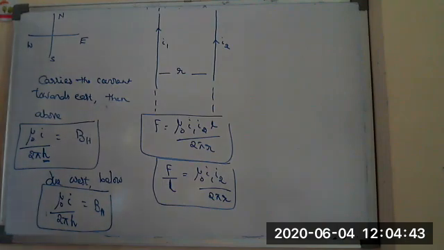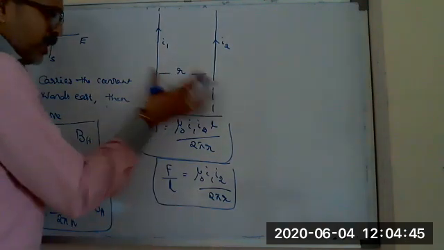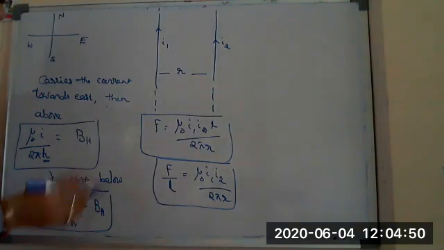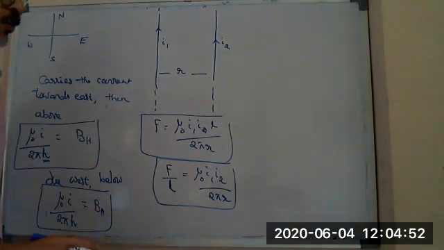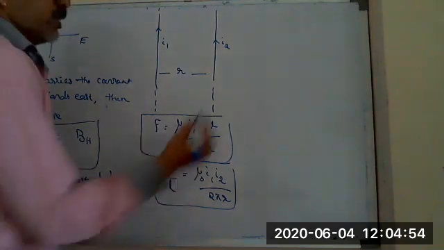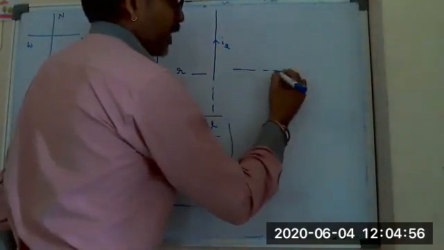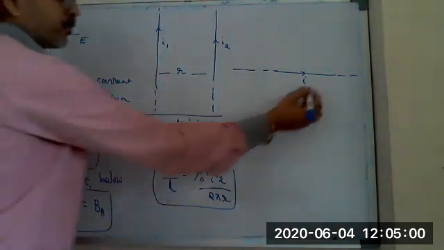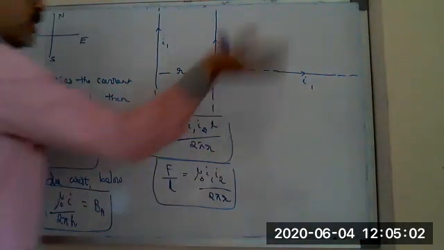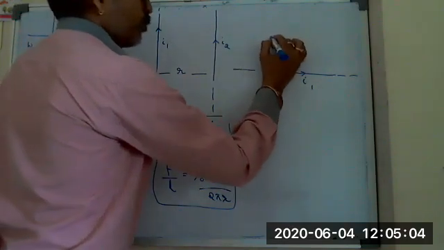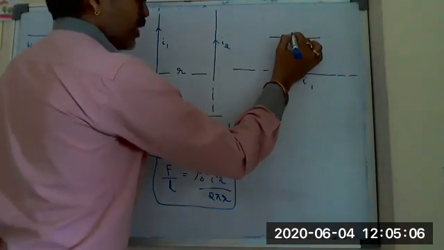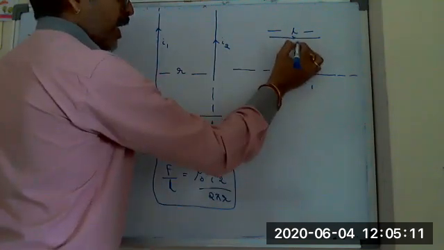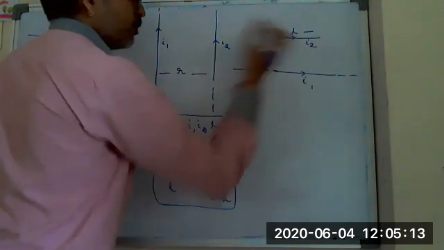Same concept. Suppose they ask, considering the gravity also, this model also I think you know. This is one straight conductor, infinitely long, carrying some current I1. Above the current carrier, suppose you place one finite conductor of length L, carrying the current I2.